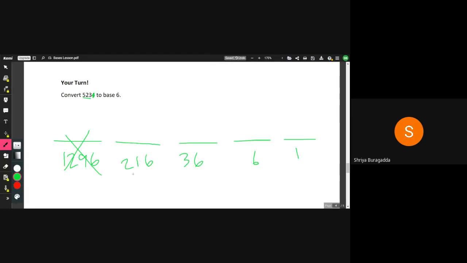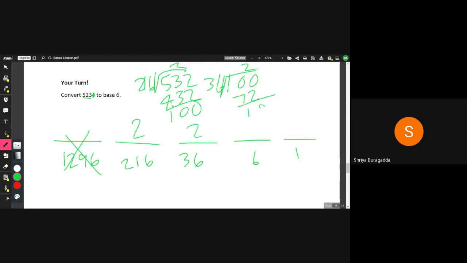So 216, if you multiply that by 2, you get 432, and then you're left with 100. So that goes into there twice. Now with 100, we can divide by 36, which also goes in there twice.